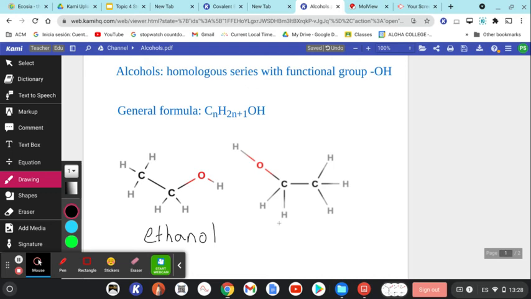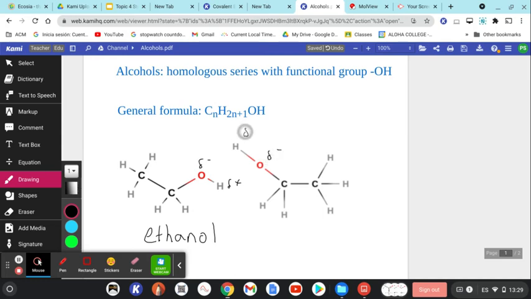Now I've put another ethanol next to it just to talk about the hydrogen bonding that exists between molecules of alcohols. Because oxygen is a lot more electronegative than hydrogen, it attracts the electrons in the covalent bond more towards it. So it has a partial negative charge, leaving hydrogen with a partial positive charge. That's the same with the ethanol next to it.